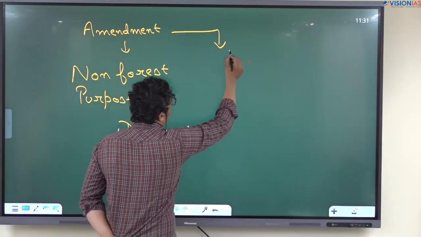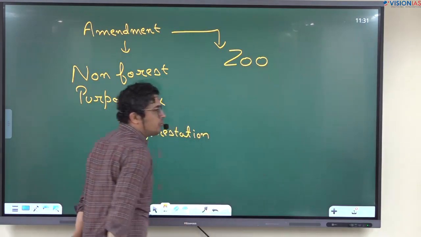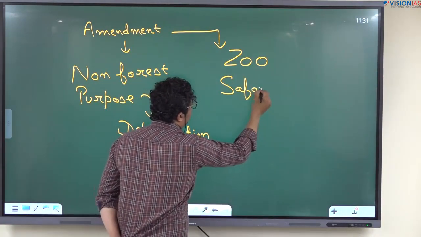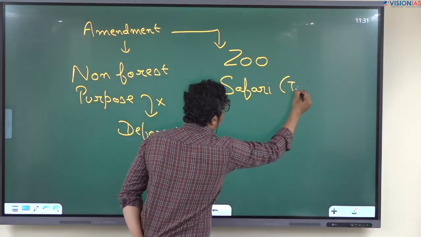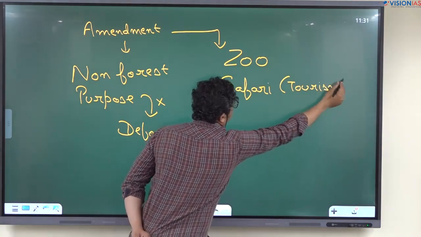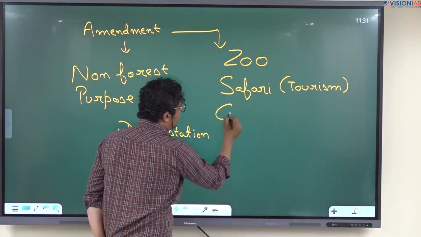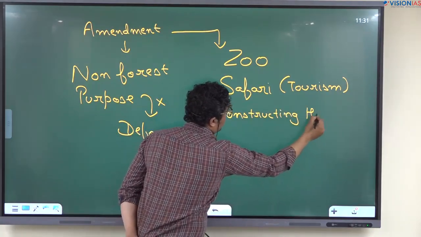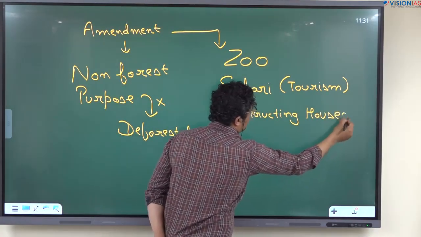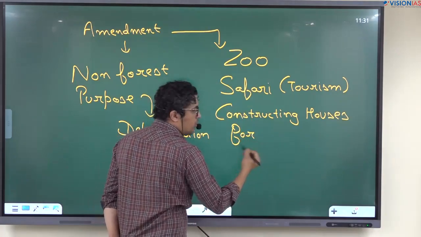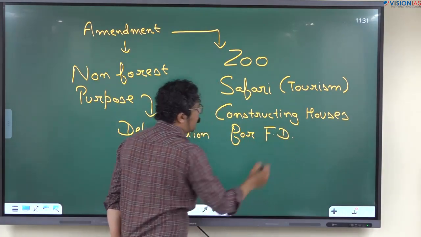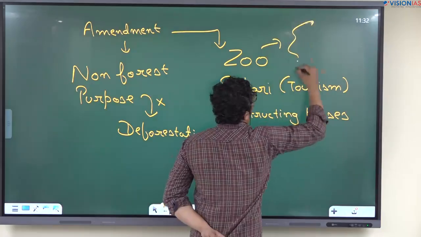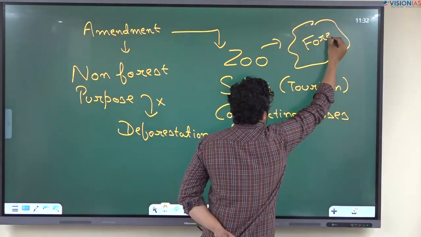But the amendment says that if you are establishing a zoo, if you are having a safari, that is tourism, if you are constructing houses for forest department people, and for this you need to cut the forest.